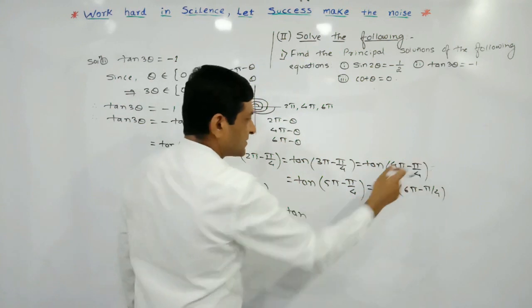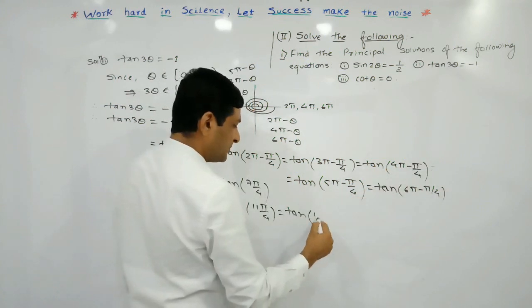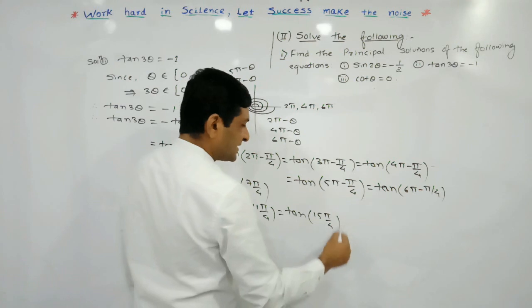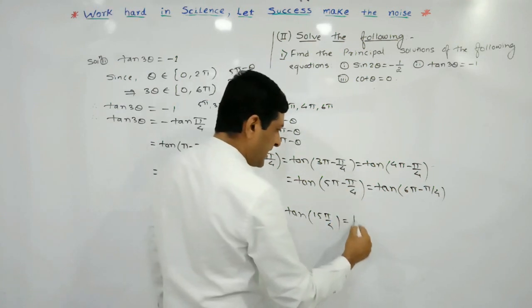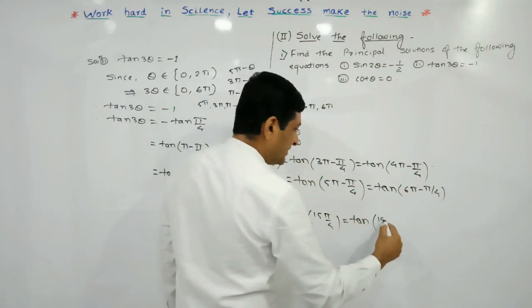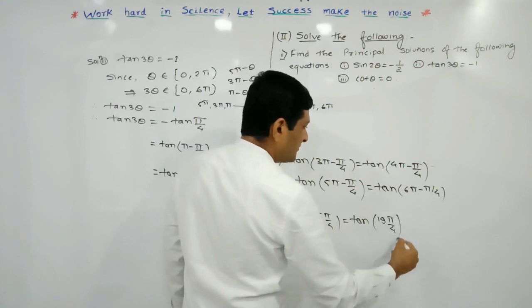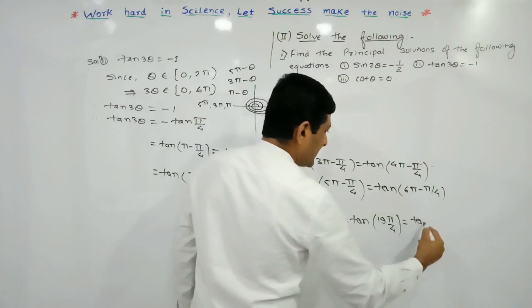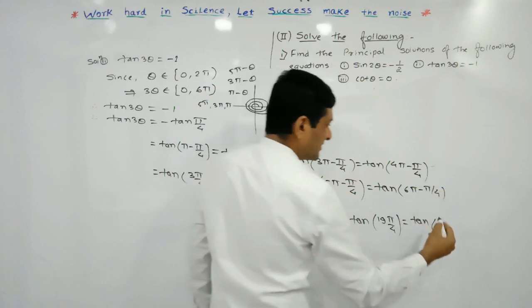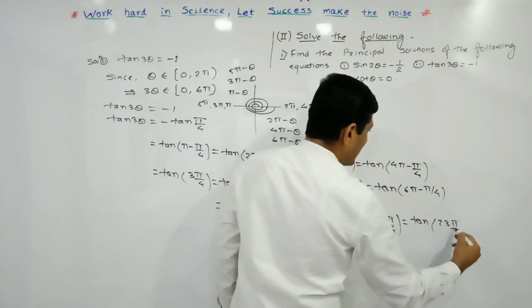Here we get 16 pi minus pi, which means 15 pi by 4. In the same way here we get tan 19 pi by 4. And if we take the difference here, we get 24 minus 1, which means 23 pi by 4.